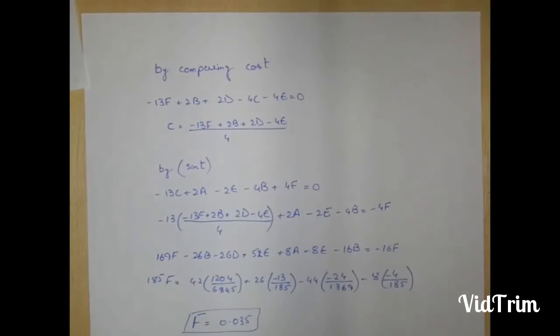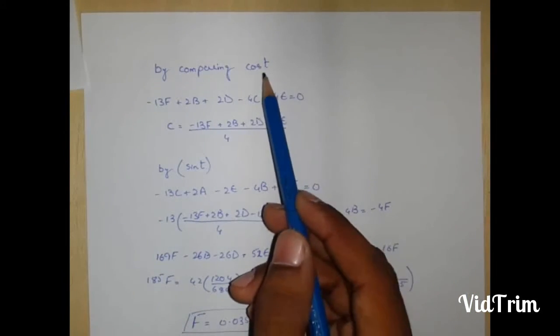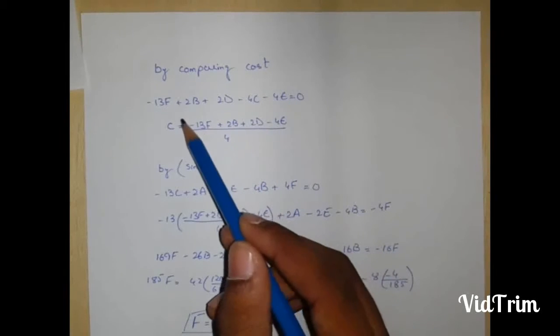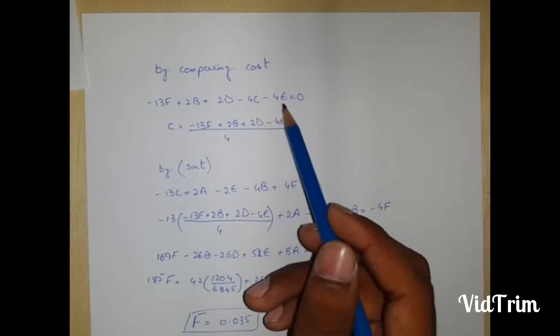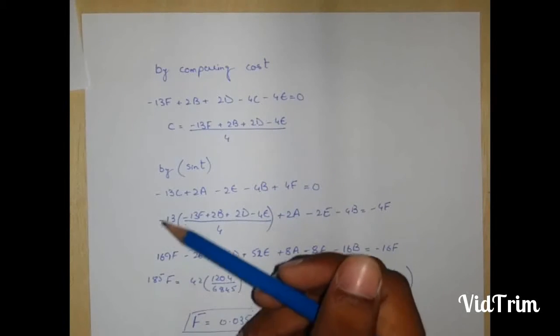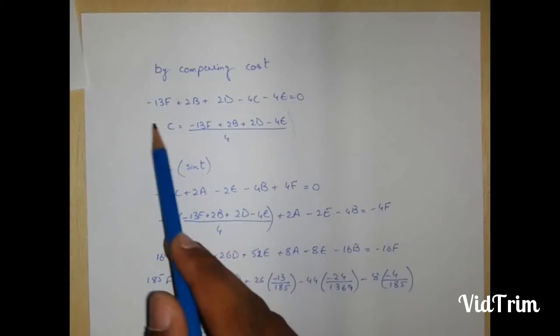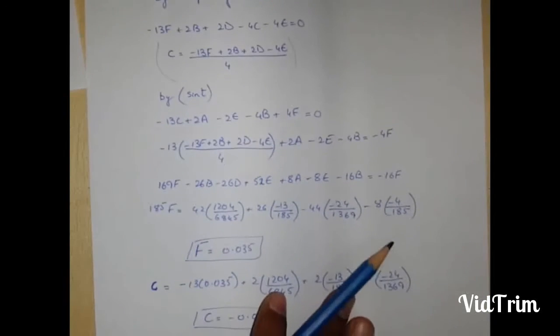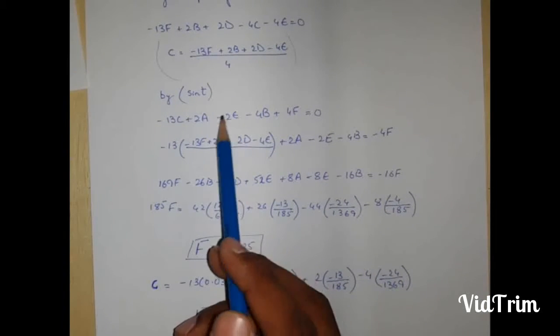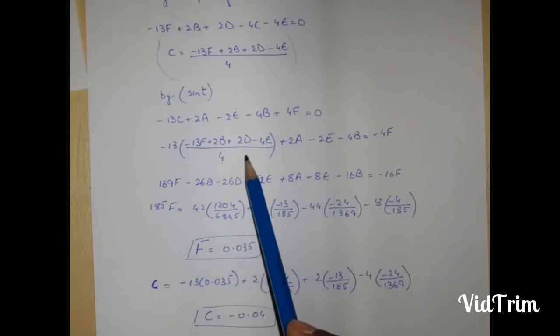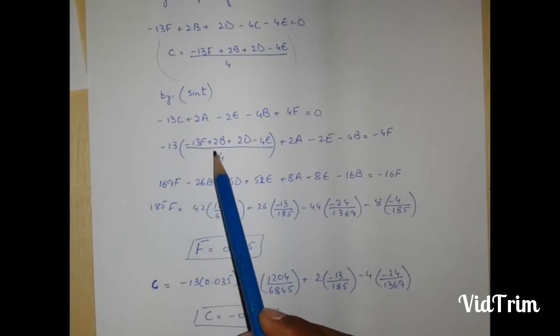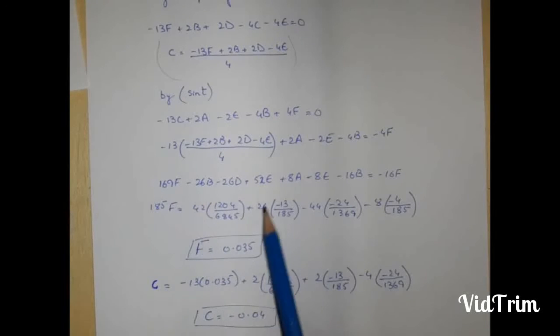Now by comparing the coefficient of cos t: 13f plus 2b plus 2d minus 4c minus 4e is equal to 0, then I got this equation. Now for sin t, I put this equation in this, the value of c. After simplification I got f is equal to 0.035.